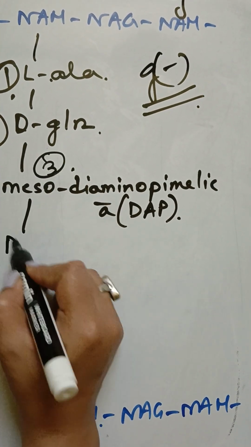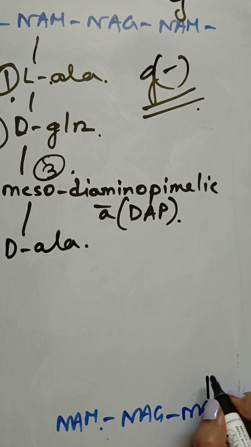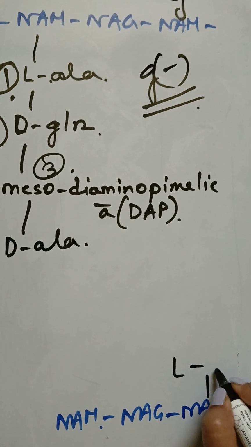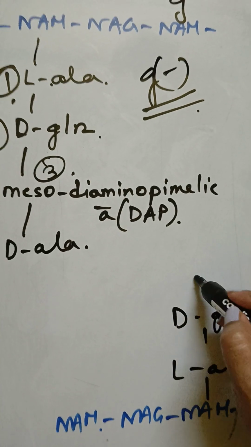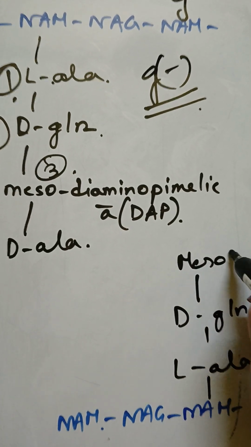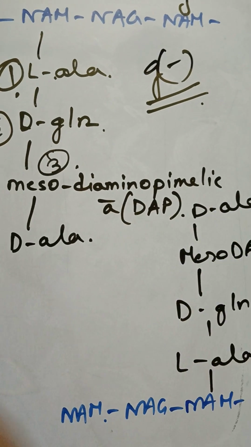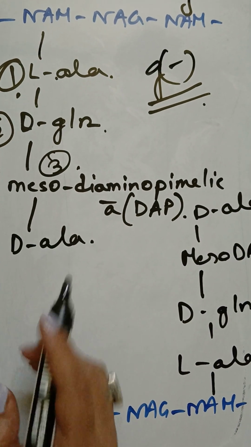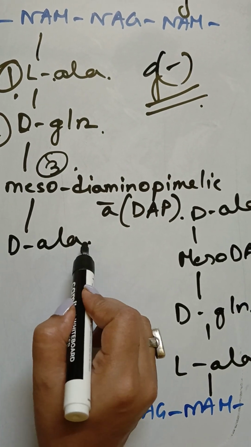The fourth one is again D-alanine, and the same is also here, that is L-ala, D-glutamic acid, mesoDAP and D-alanine. So basically this D-alanine is cross-linked with the mesoDAP.